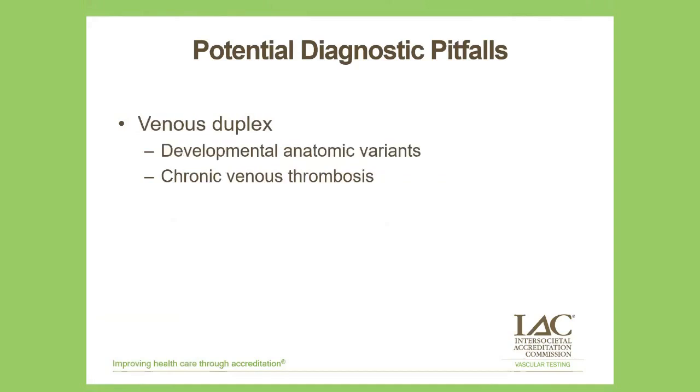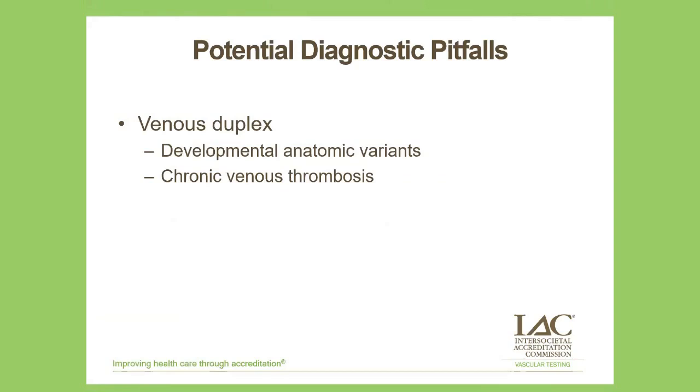The situation with venous duplex testing is somewhat different, as the diagnostic criteria in this situation are generally not quantitative, but more qualitative in nature. Nevertheless, pitfalls can occur which affect the application of these criteria.